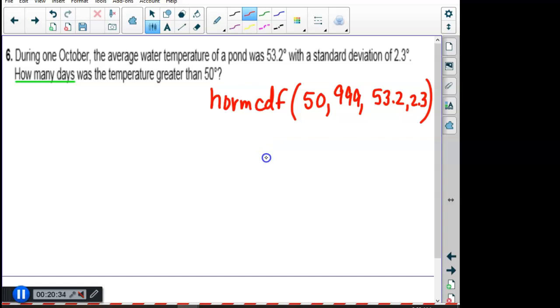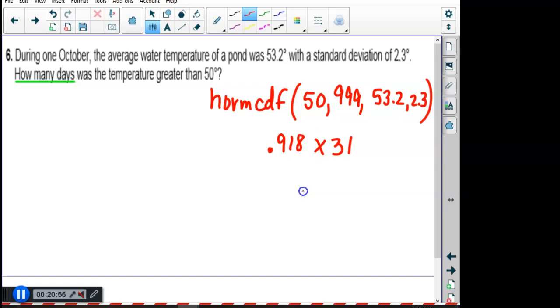Somebody have it? Okay. Someone else get 0.918? Okay. How many days in October? Trick question, you got to know something. 31, yes? Halloween? 31 days, okay.